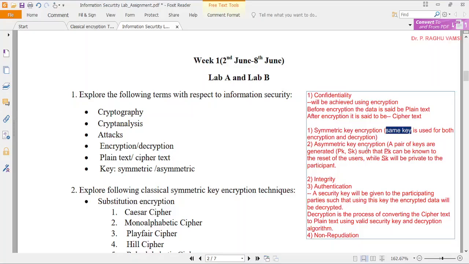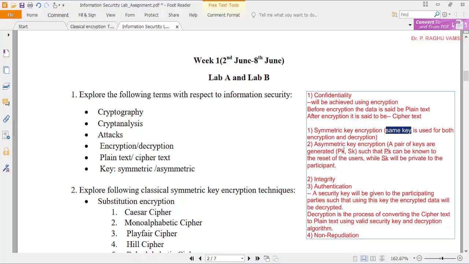While coming to the asymmetric key, this pair of key generation is independent for each participant in the communication. For example, there are participants like A, B, C, D. A will get a separate pair of keys, B will get a separate pair of keys, C will get a separate pair of keys. If A wants to announce his public key, he can openly announce it. But the secret key must be kept with him only.